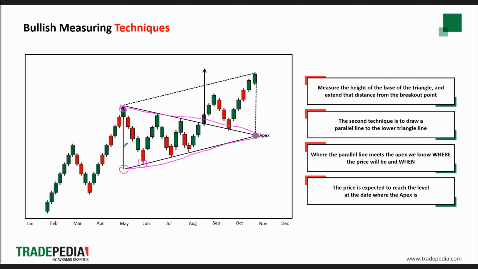I would just copy paste it in TradingView and map it to the breakout candle itself. So when you map it to this breakout candle, this will give an estimation of the price target that the breakout will have.